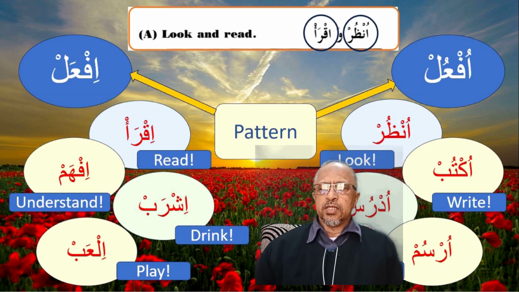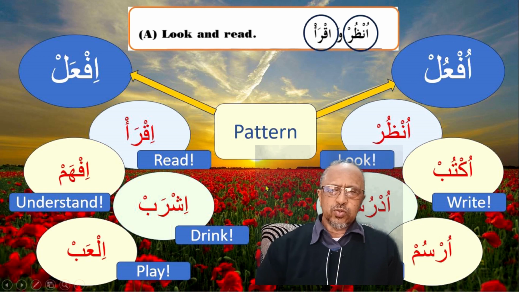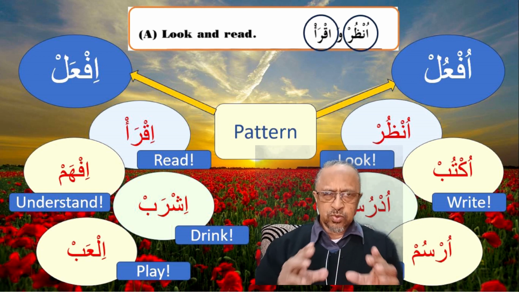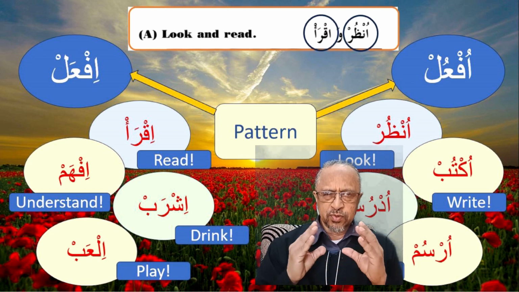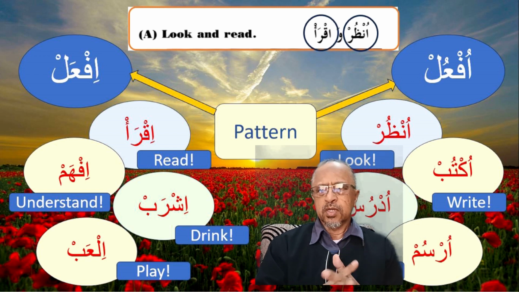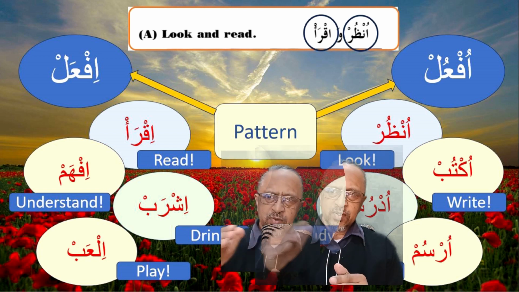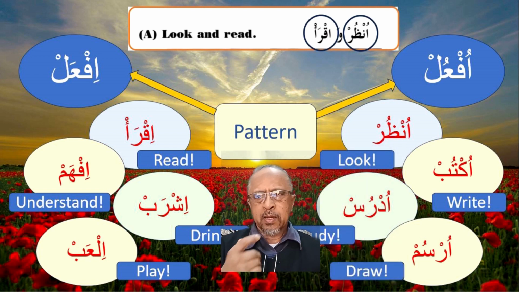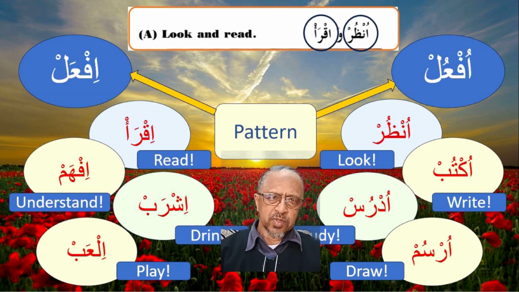I hope that's clear. Just one or two more things about the command, because I want to use this session specifically for you to get an understanding of how instructions are used in Arabic. Again, some have the uf'ul pattern: undur, uktub, udrus, ursum.